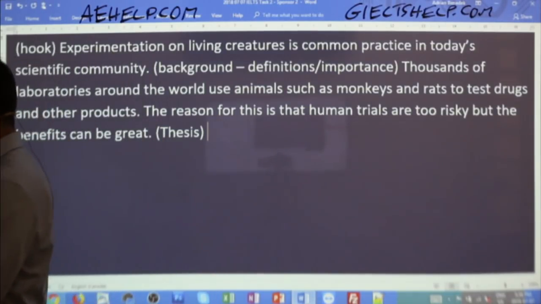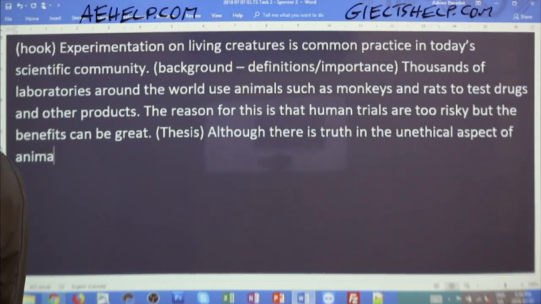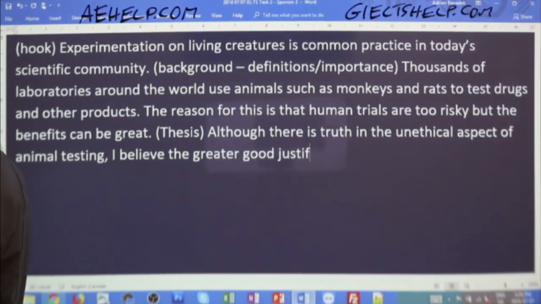Okay, this is what I would write. I would just keep it really simple. Although there is truth in the unethical aspect of animal testing, I believe the greater good justifies this need.